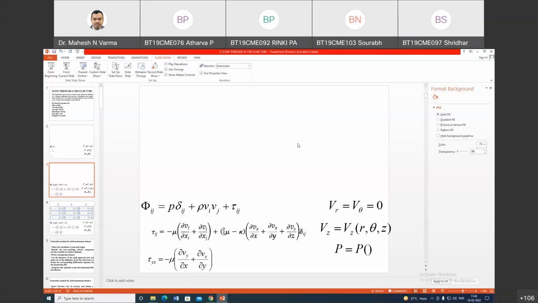Sir, only gravitational force is applied. Say you are a molecule in the pipe, and another molecule is 10 meters above you.